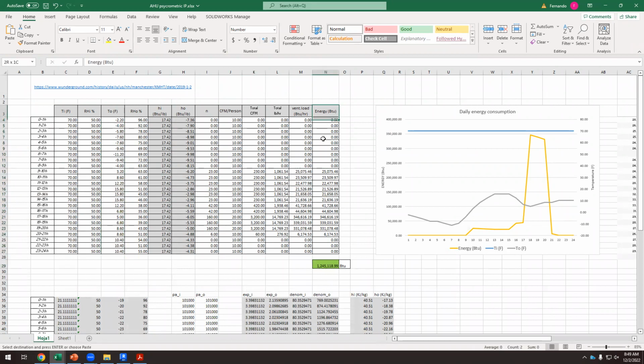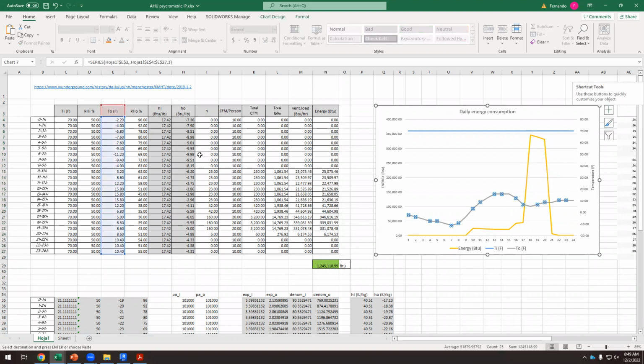So here, what do we have? We have the energy in BTUs. Look at the graphic. Okay, so now the schedule is different. We have low occupancy in the morning, and then we have a high occupancy during the event. Yeah, so this is what I need. I need to see the profile. This is the outdoor temperature.